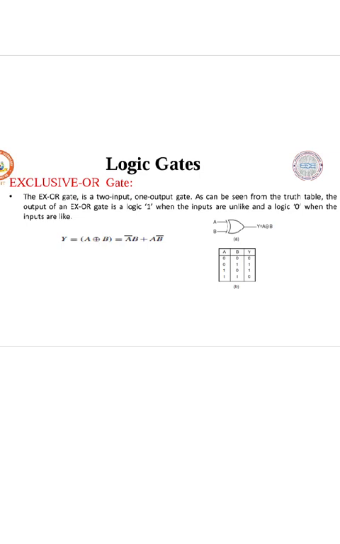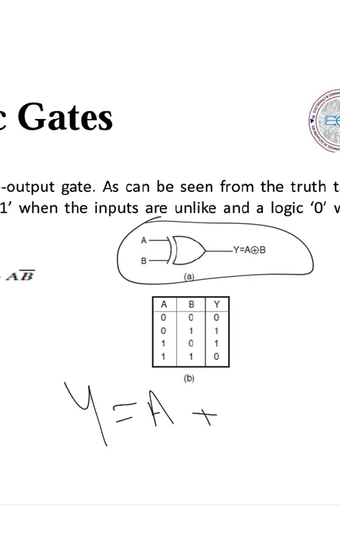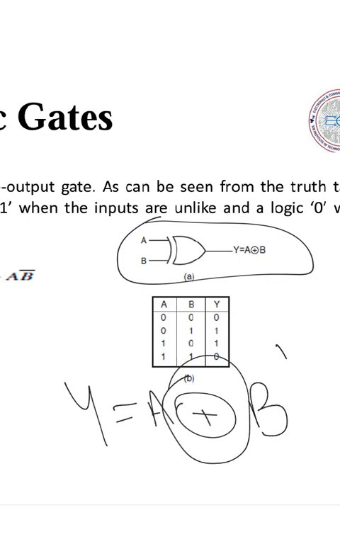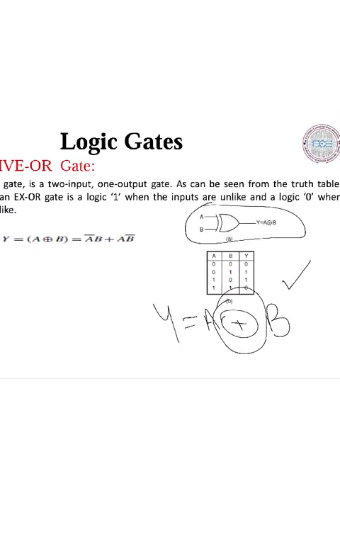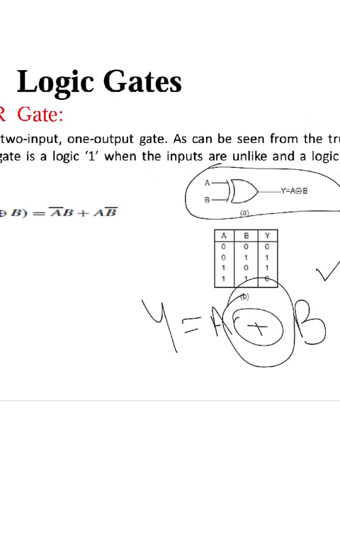If both are the same, the output will be 0. You can see the diagram of the exclusive OR gate, and it is given by y is equal to a XOR b. This is the symbol of the XOR gate. The truth table output is 0, 1, 1, 0.